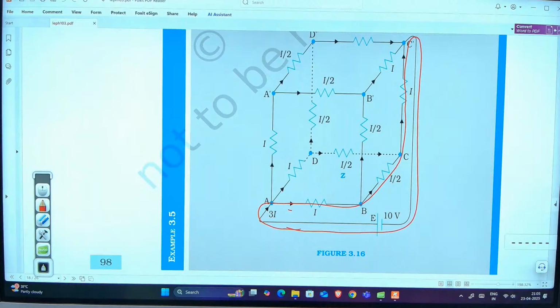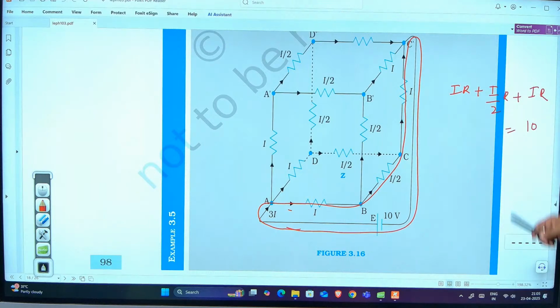No other resistance is there. I am writing for you. I into R plus I by 2 into R plus I into R becomes 10. Anybody has any problem in this? I hope there is no problem.